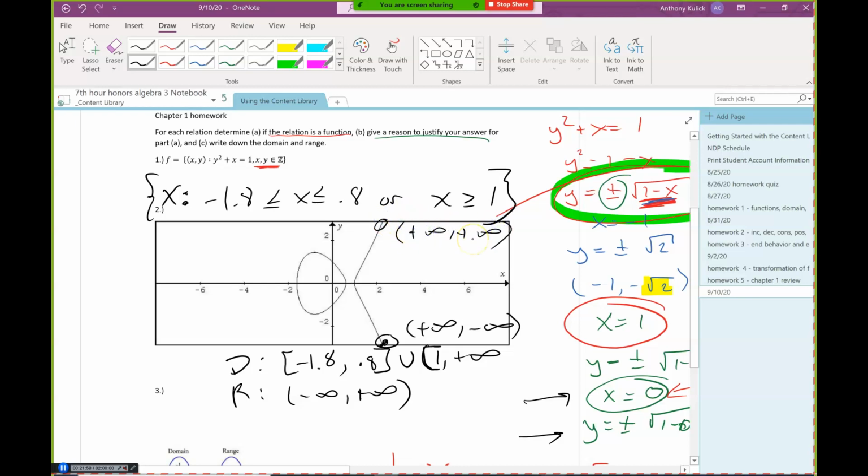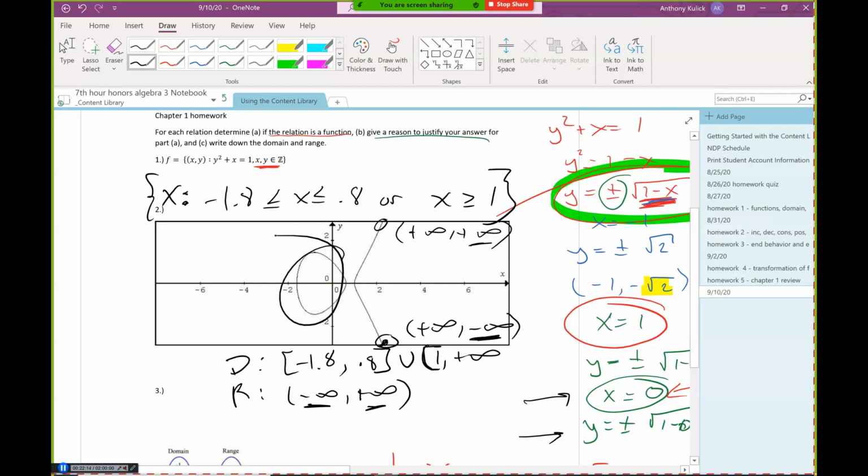And those two are connected. So my lowest point starts at negative infinity and ends at positive infinity, and they're connected everywhere in between. So all the y values in between get covered.